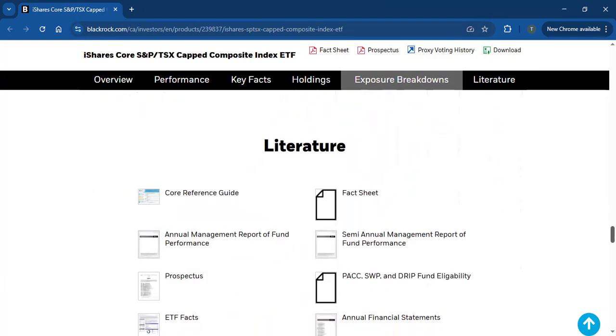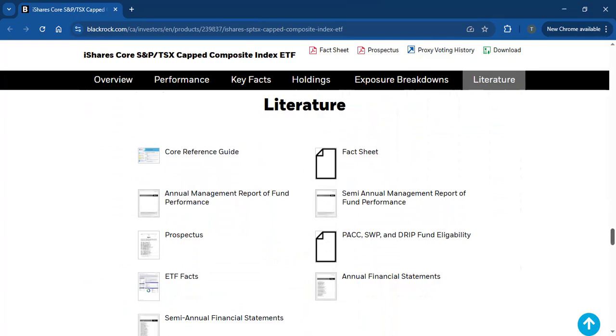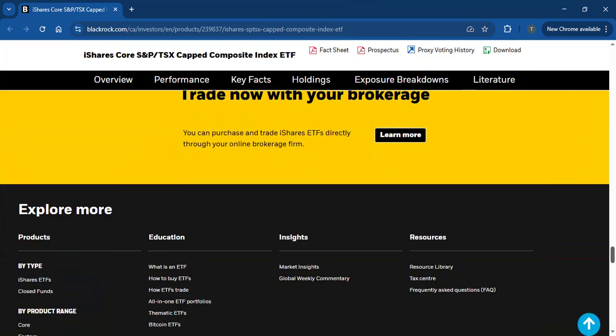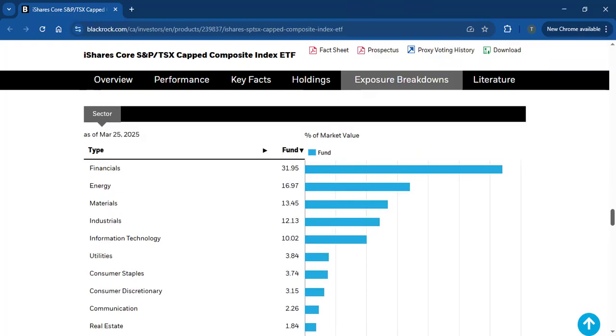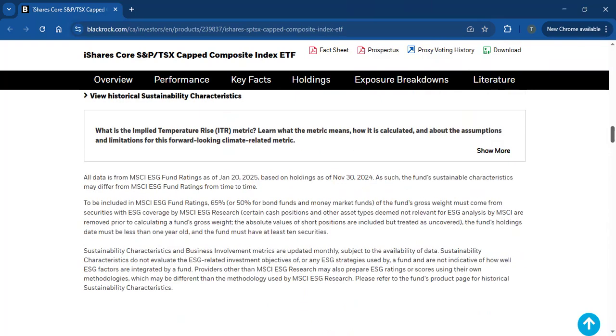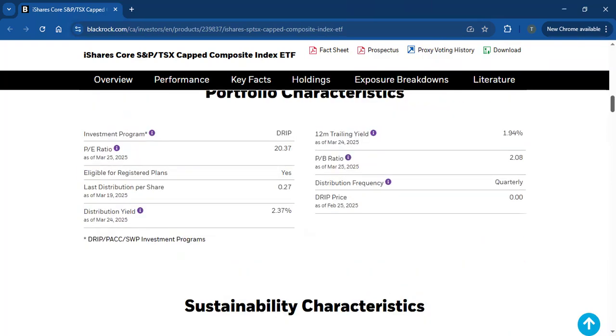If you are doing this, you will have to read the fact sheets and the semi-annual management report. You will be reading all of those for more information if you decide to invest in that fund. And that was for today. We have looked at the overview, performance, key facts, holdings, and exposure breakdown.